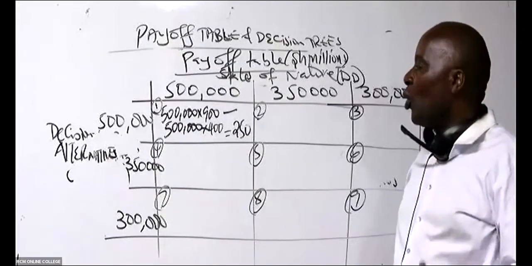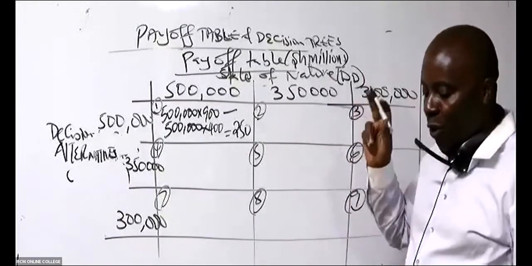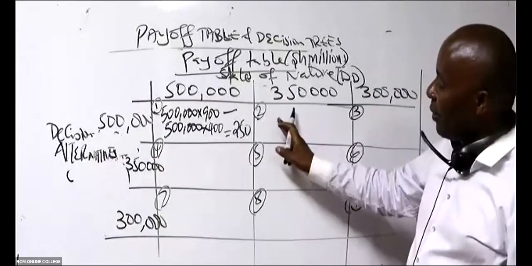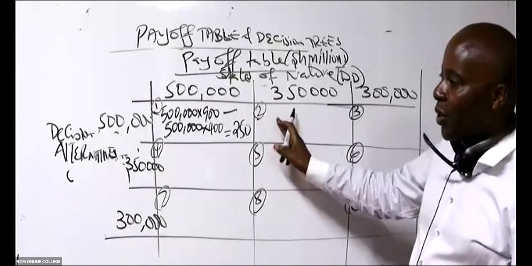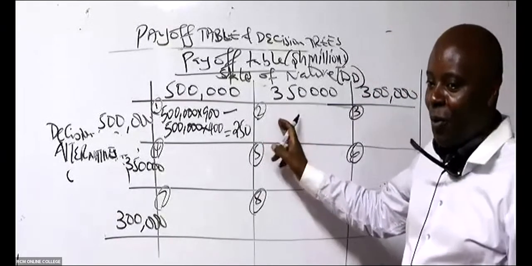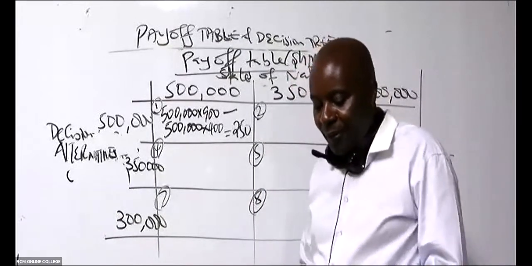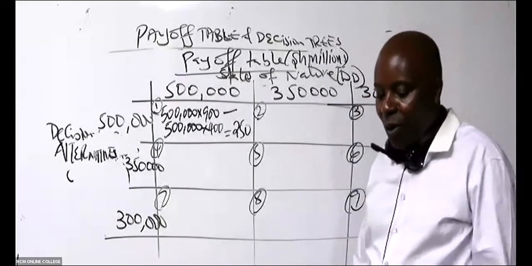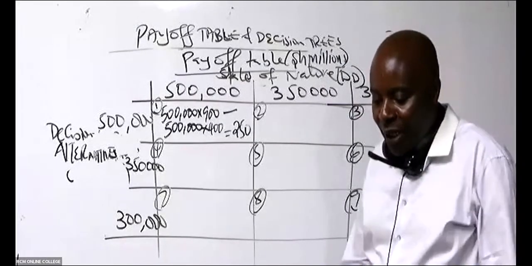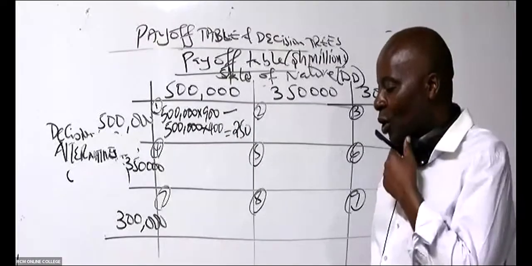Now I would want us to go to scenario number 2, and you try to think loudly, because you're an accountant just like myself. How much shall we get in form of profit in number 2? Just try reasoning out. Before I do it, just try and give us a figure. Throw a figure there.